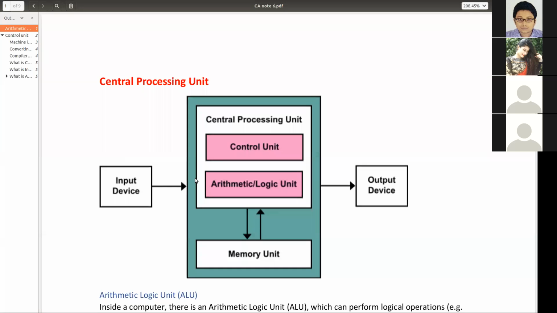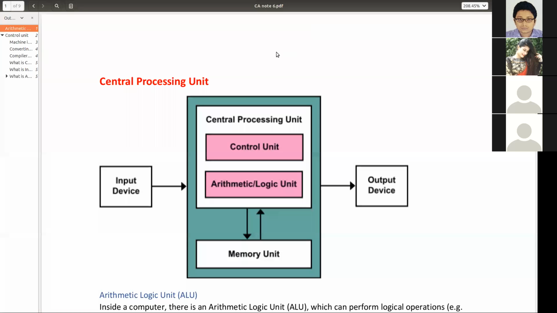It is a very important component of a computer. That's why you cannot avoid this component. Without the help of this component, you cannot proceed.